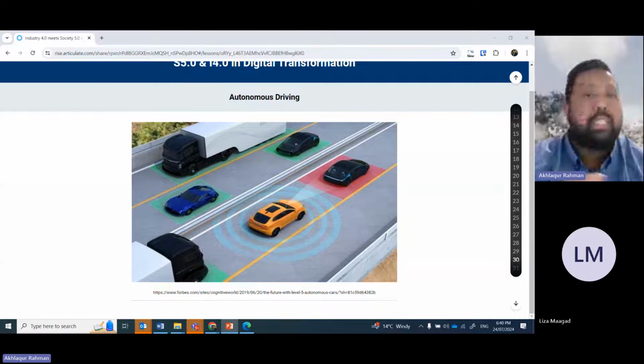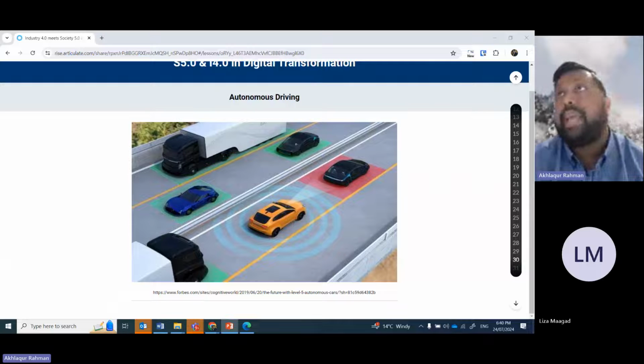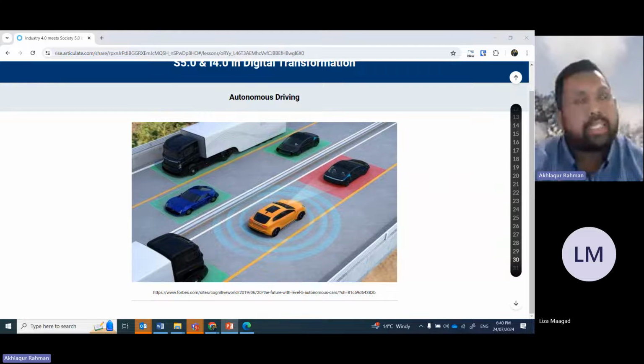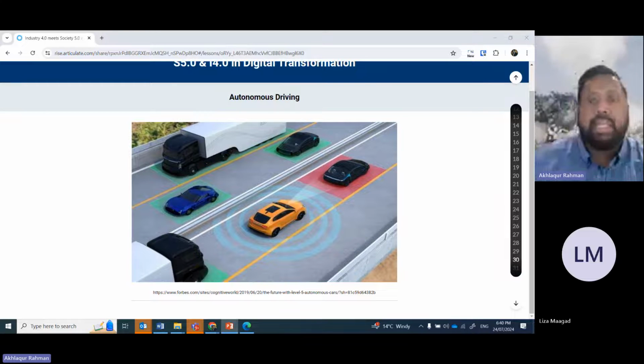Of course, these are not fully casualty free or error free, but there is vehicle-to-vehicle communication, interconnected systems that will allow for more autonomous driving. That is where Society 5.0 and Industry 4.0 can work together. We'll show you some examples as well.